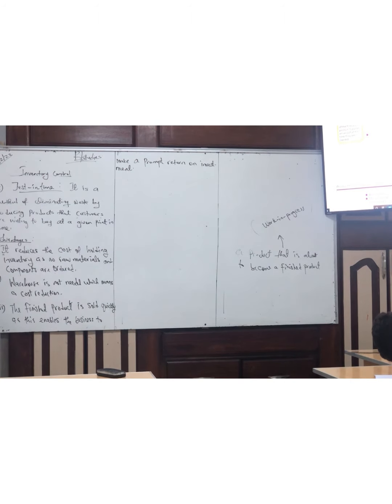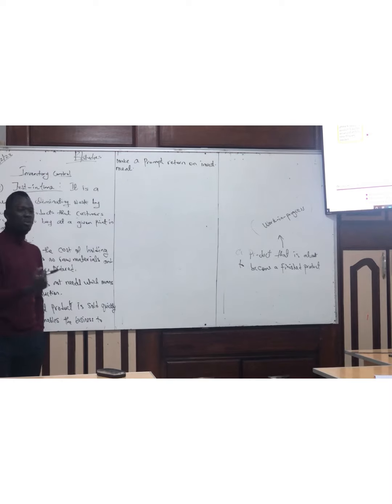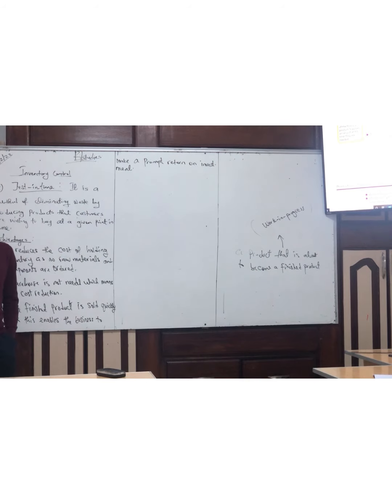So, I said the finished product is sold quickly as this enables the business to make a prompt return on investment. You make the product because you've ordered the product, you make them, and what? The product is made, the customers are getting their product, they pay for the product. Is it clear? Yes. I should repeat it.